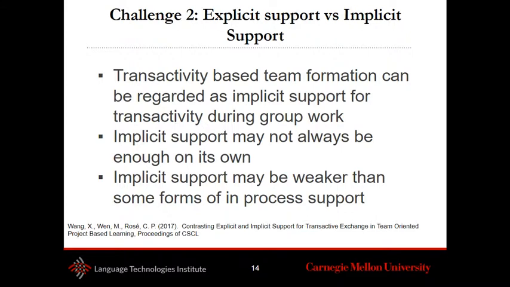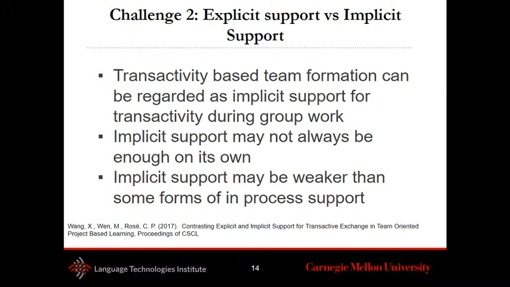Here we offered really strong support for structuring teams. And we contrasted transactivity-based team assignment and random team assignment in this study. But regardless of whether students were in the randomly assigned teams or the transactivity assigned teams, they nevertheless had this explicit group process structuring in this paradigm called mob programming, which I'm going to talk about in greater detail.